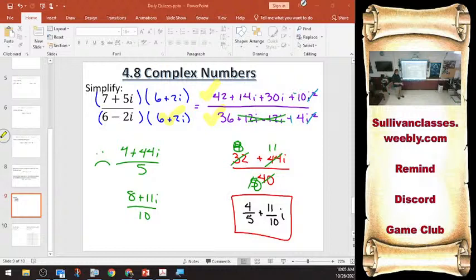Don't do that. Did you combine like terms correctly, and then simplify it correctly? So: the correct conjugate, correct distribution, correct combining like terms, then simplifying the complex number.